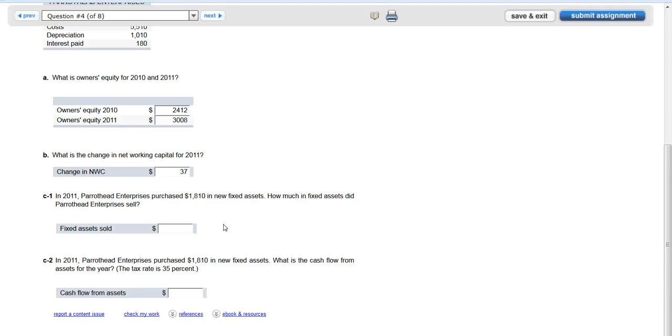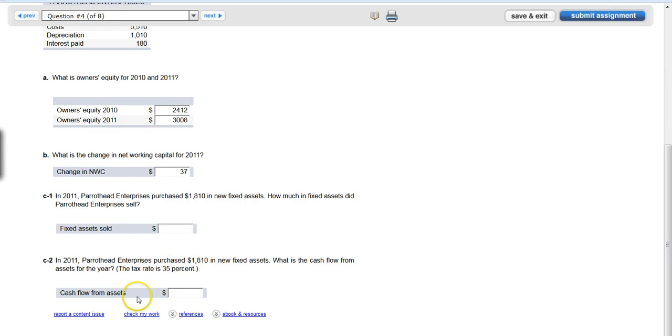Because the setup tells us how much the firm purchased in new fixed assets. So if we further know how much the firm sold in that particular year, we can get a net purchase. And basically the net purchase is what we call the net capital spending. So you see that's one way to get a net capital spending.